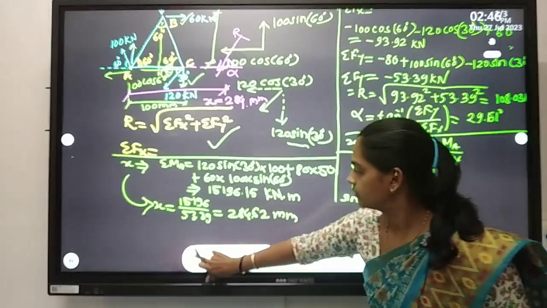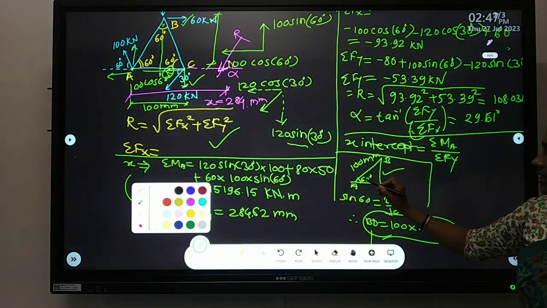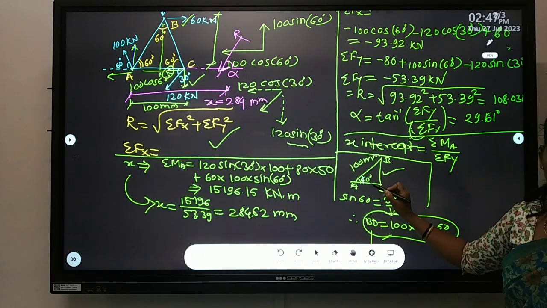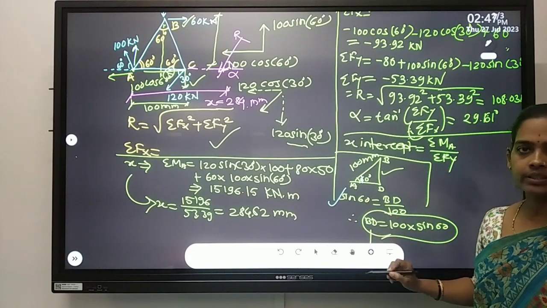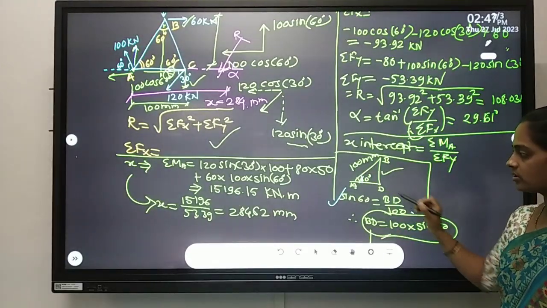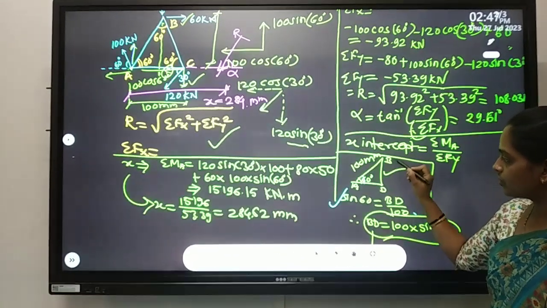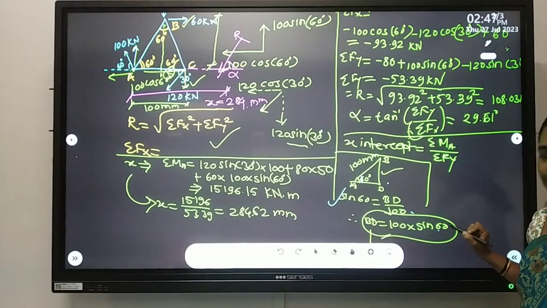So for that, since this angle is given as 60 degree, how to calculate this BD distance? It can be calculated with sine of theta. So sin theta is known as the front side divided by the hypotenuse. That is why sine of 60 degree is equal to BD divided by 100. So therefore BD is equal to 100 into sine of 60.